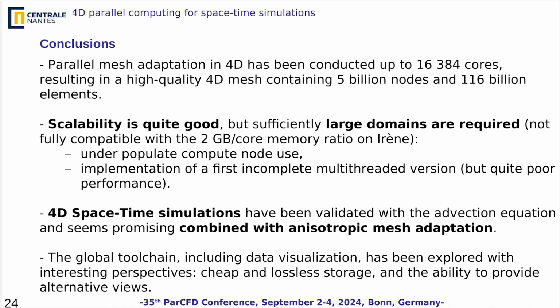We can use underpopulated nodes, or the first implementation of a multi-threaded version, but it's still with poor performance. 4D space-time simulation has been validated with the advection equation, which is quite straightforward, but shows very promising results combined with anisotropic mesh adaptation. And the global toolchain, including visualization, has been done. The good perspective is that it's cheap and uses less storage.